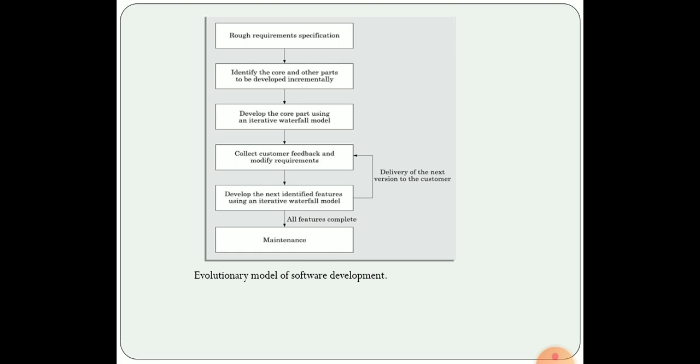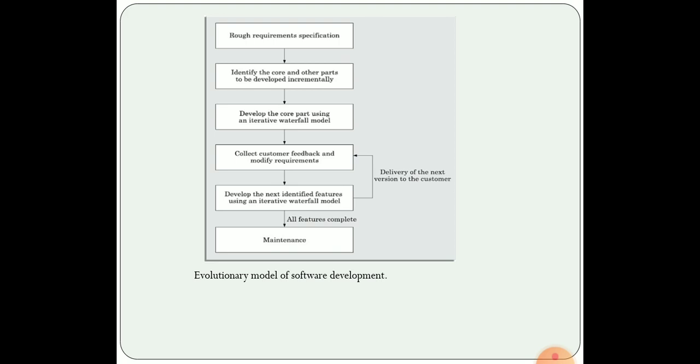So it is a good thing to give the partially developed software to the customer, and when he uses it, he can specify more requirements and become aware of what his actual requirements are, or what he expects from a software. From that customer feedback, the development team can make further modifications to the requirement specification.